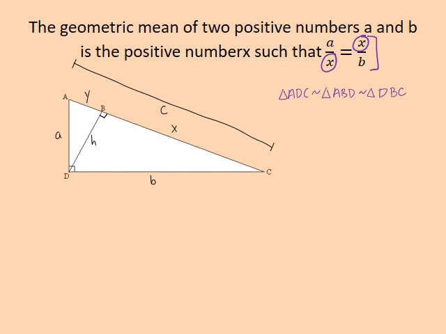We're going to set up our proportionality statements, and we're going to look at the geometric mean relationships in three similar right triangles. So we're going to first look at triangle ADC and its similarity to triangle ABD. We can write the proportionality statement based on the similarity statement.